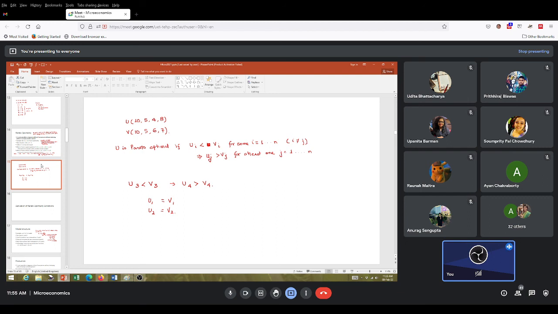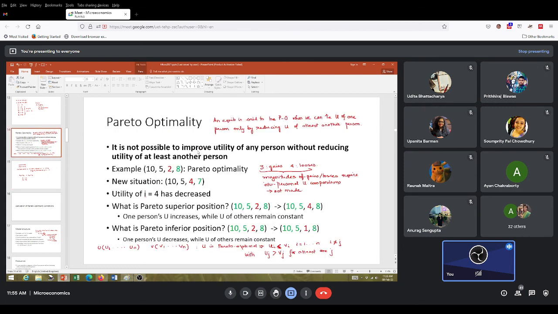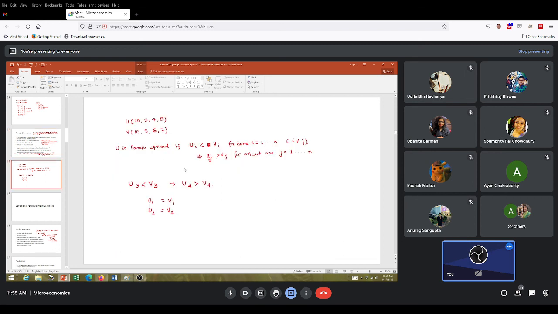So when I'm giving values to utility, this was just to make you understand the situation. What I actually need is just this statement.